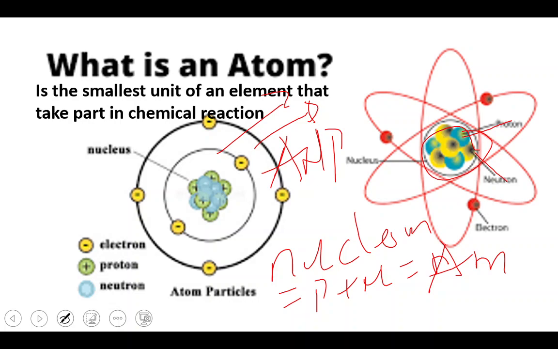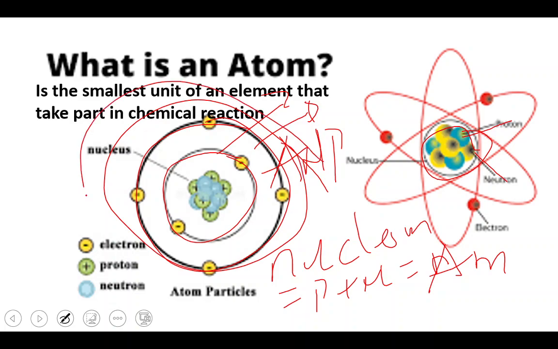For this atom, for example, it has 2 rings, so it belongs to period 2. If it has 3 rings, it belongs to period 3. If it has 4 rings, it belongs to period 4. So the number of rings accounts for the number of periods.